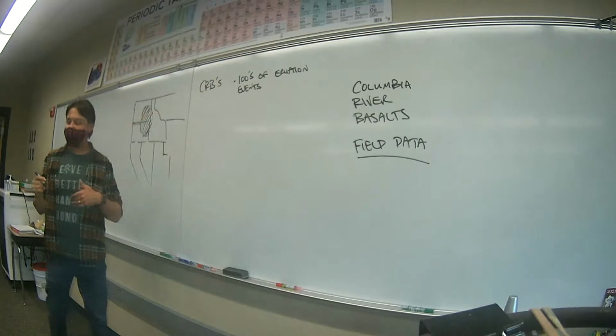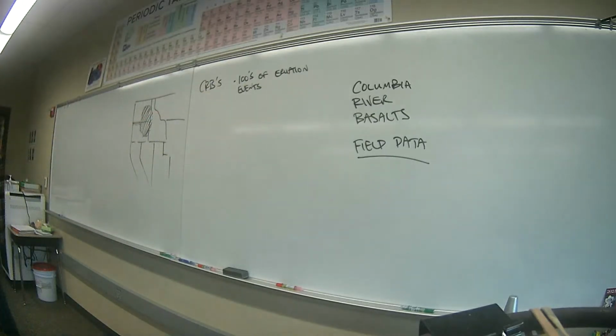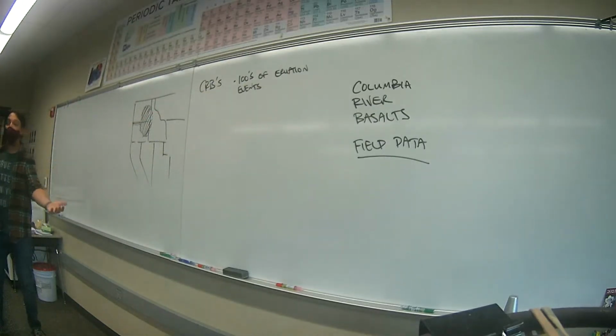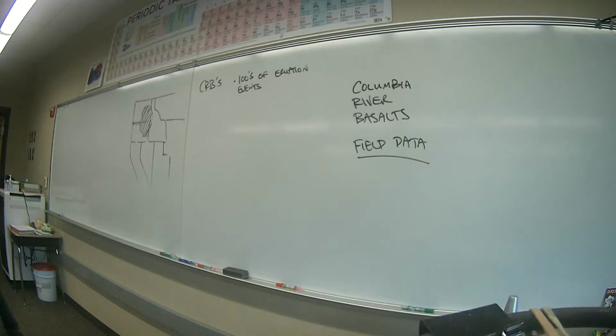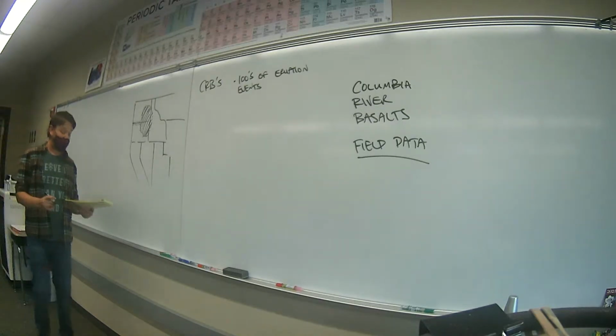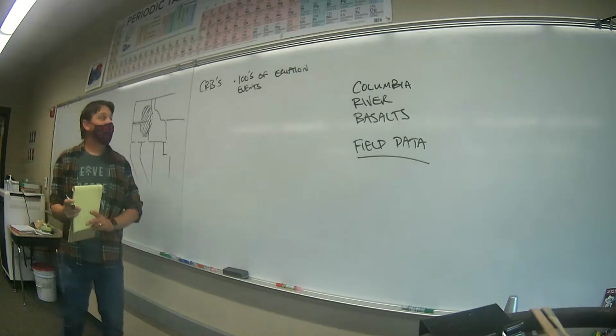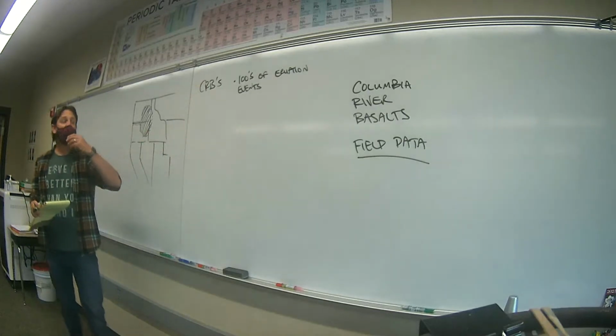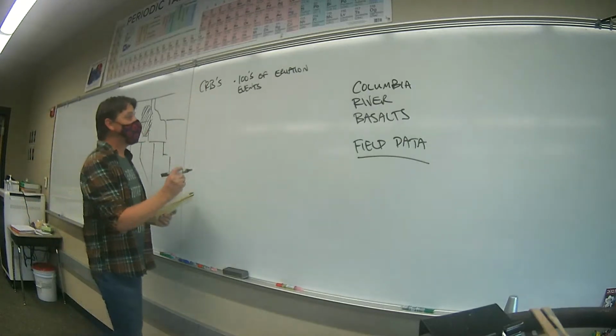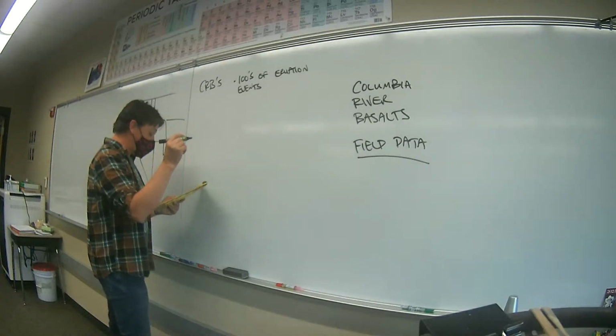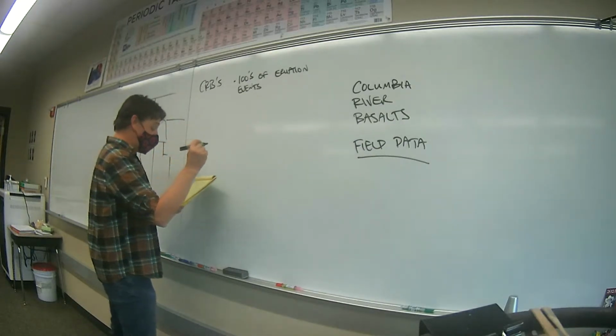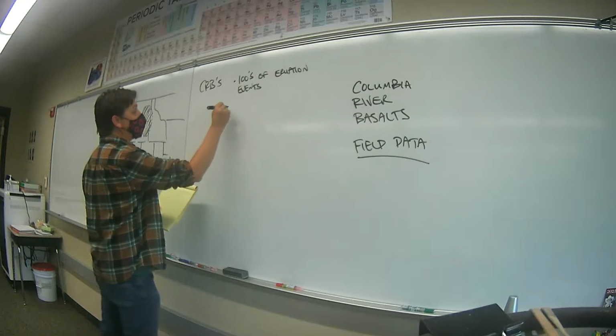Hundreds of eruption events. We know because we can get absolute dates on lava rocks. And so there's chemical differences between these different flows, and there's time differences between these different flows.